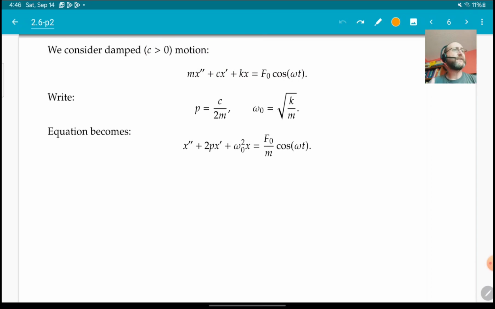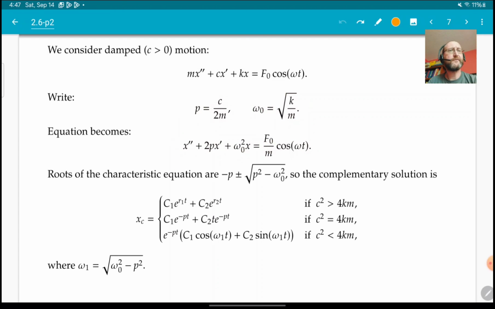Now we rewrite the equation, just like when we started talking about this setup, using slightly different constants, but it's just moving stuff around and giving new names to different things. Basically we just divide the equation by m and write the coefficients in terms of slightly different letters. That's all we're doing over here.